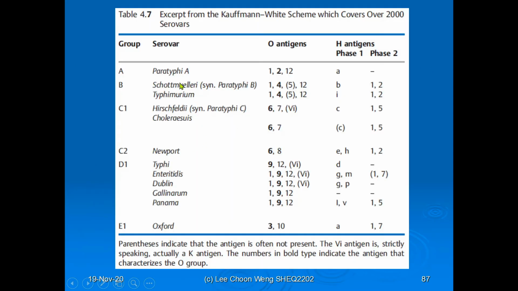This shows the utilization of the serovar O antigens and the H antigens to type selected Salmonella serovars. There is also the Vi antigen for Salmonella typhi, which is actually a capsular antigen.